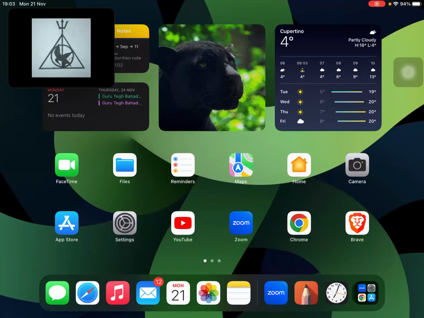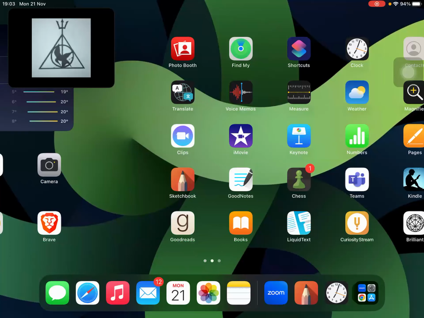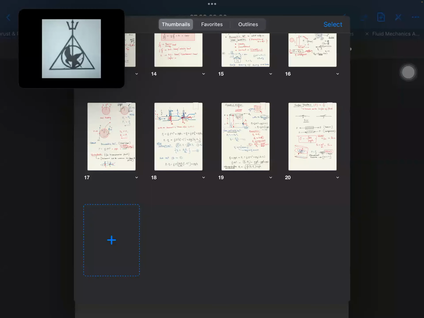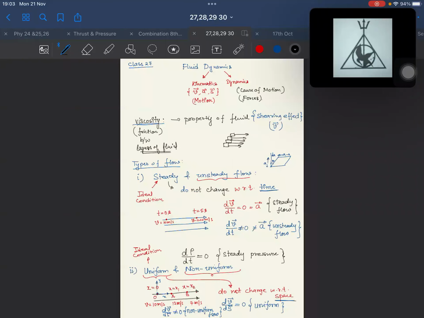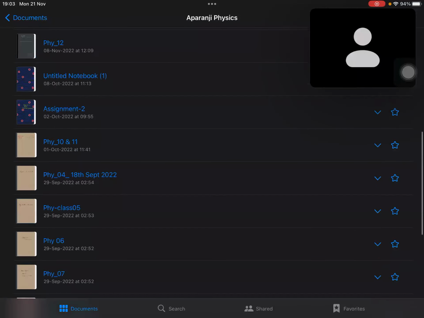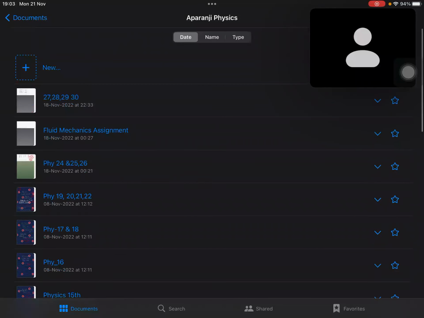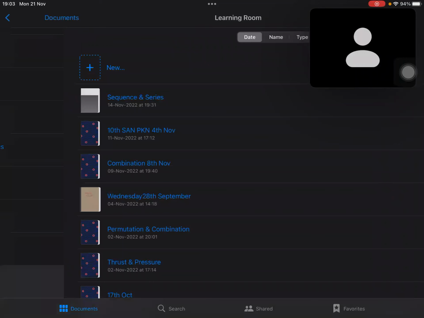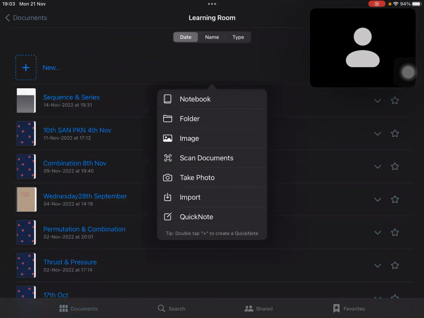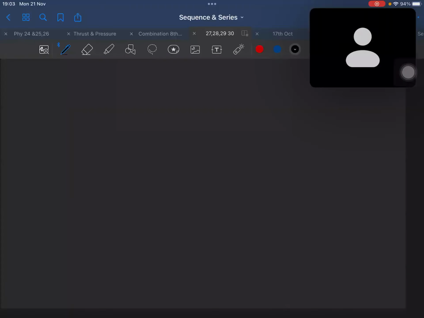Okay, I'll share my screen. Let me know if you are able to see this. Can you see the screen? Yes, sir. Okay, right. Sequences, let's do it here.